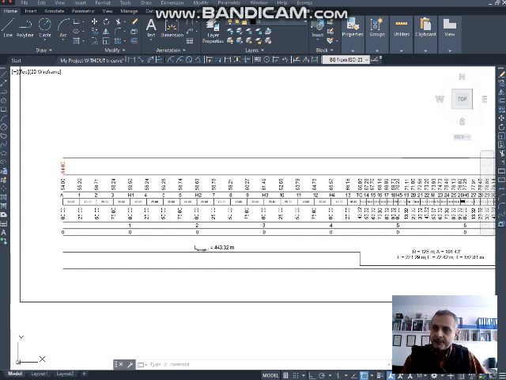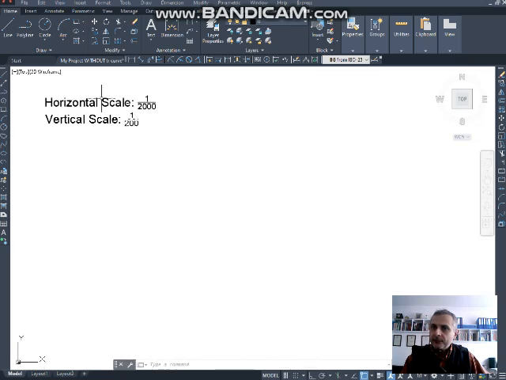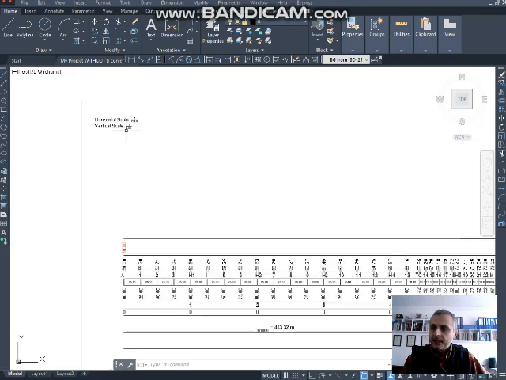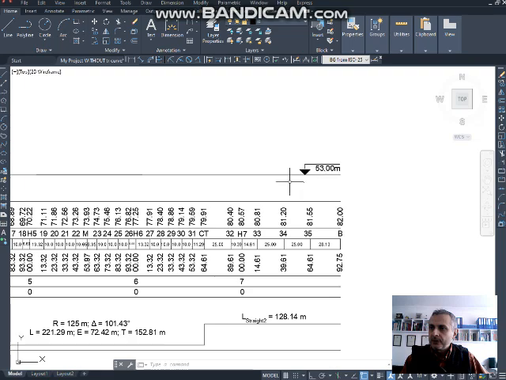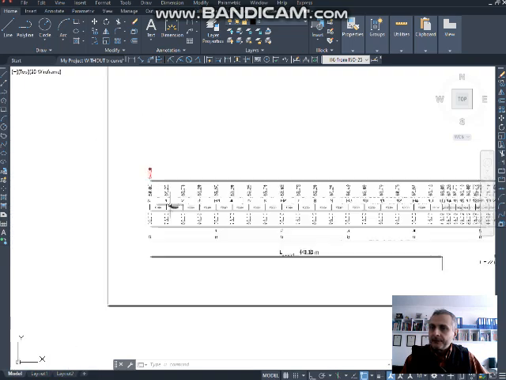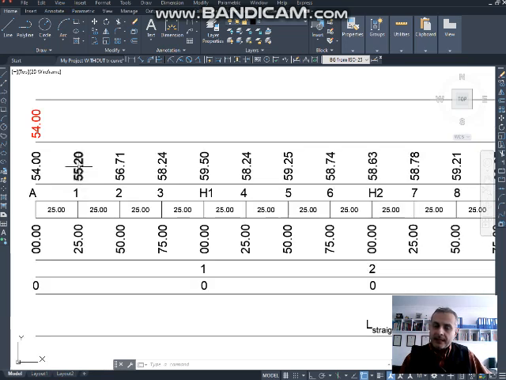So I have updated my table, my profile drawing table. Here we have the horizontal scale, vertical scale, those horizontal lines, my datum 53 meters, and the cross-section names A, 1, 2, 3, H1, 4, 5, 6, H2, 7, 8, etc. The elevations are calculated one by one for each cross-section, 55.20, as you remember from the previous calculation.